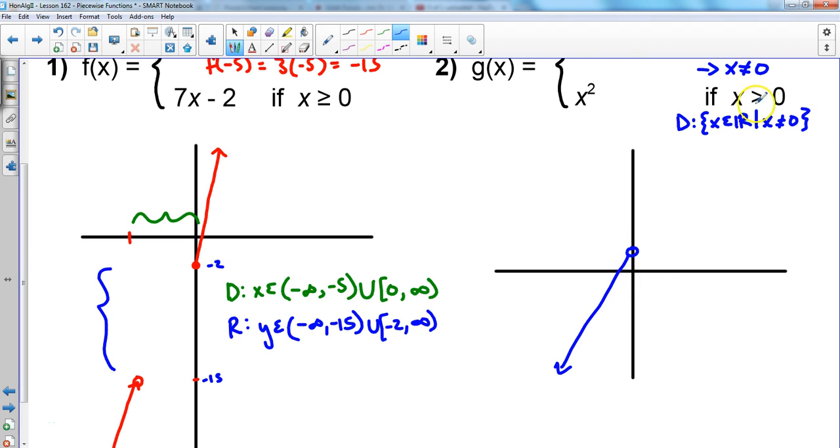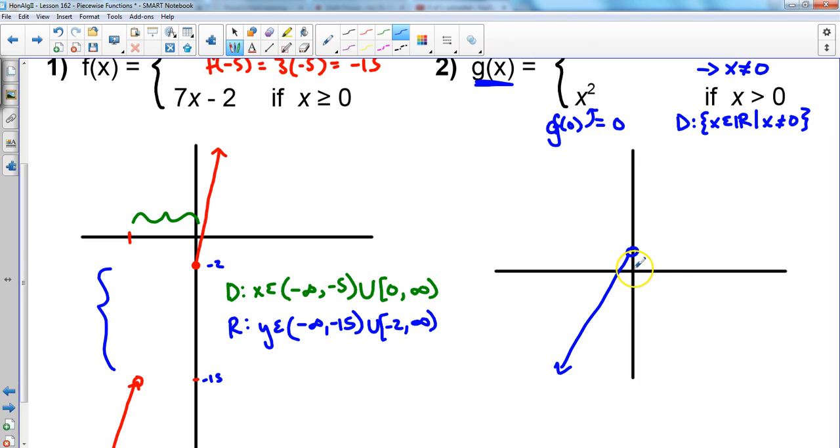The next part of this graph, it's going to skip over 0 and then pick up just after 0. So again, I need to figure out what f of 0 is. But in this particular case, sorry, I should be saying g of 0, because my function is named g of x. I want to plug in 0 to this thing and figure out where this thing is actually going to start just beyond. So g of 0 is equal to 0 squared, which is just 0.